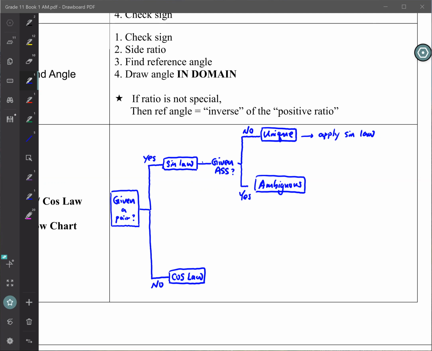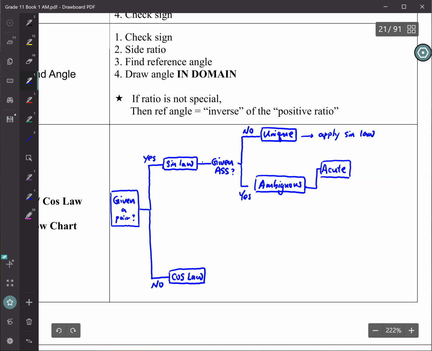Okay, once you get to ambiguous, then that's the part where you think about the cases. But remember, we could have acute, we could have obtuse, right? So if it's acute, then you have 4 cases, right?